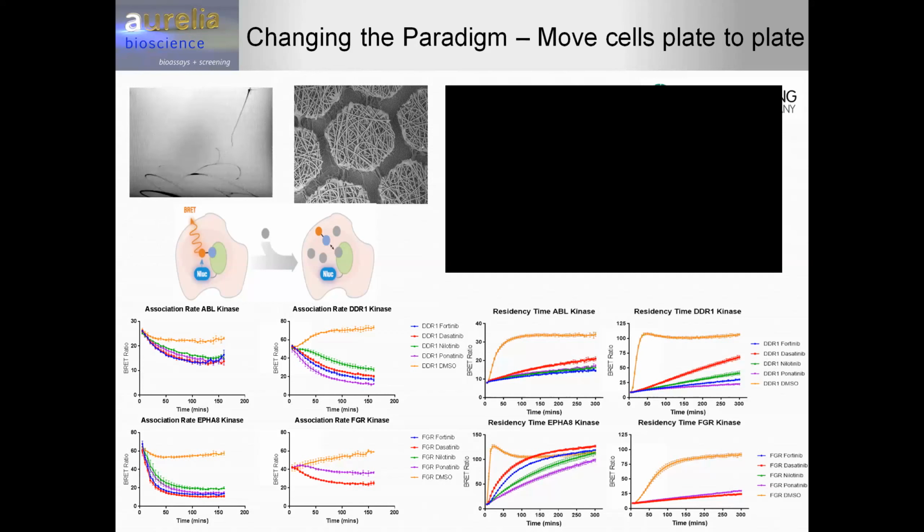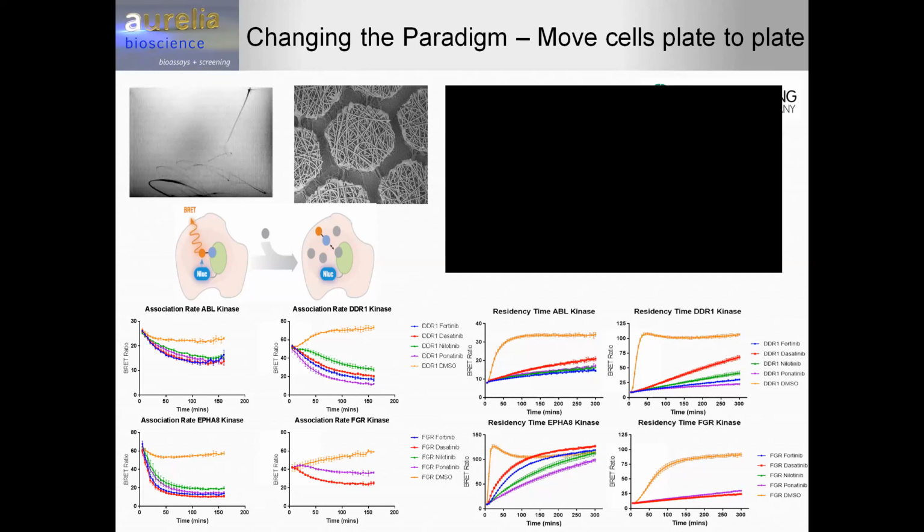Then we can put them immediately into the reader and start reading. What's shown on the x-axis in all these graphs is time in minutes, and the y-axis is BRET ratio. What you can see is that different compounds are competed at different rates off the receptor. Some are competed more rapidly than others.